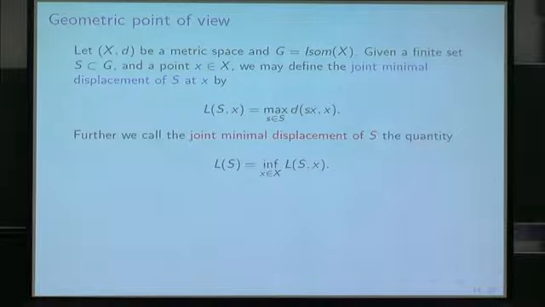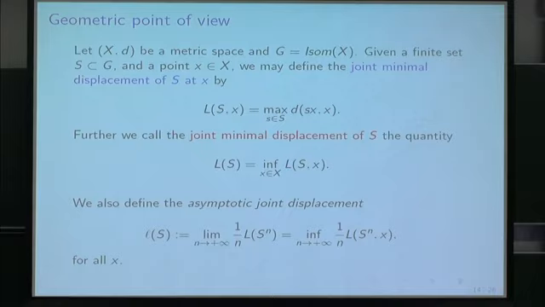You pick a point x and look at the maximal displacement of an isometry s in S, and you minimize over all points in your space. I call this the joint minimal displacement.